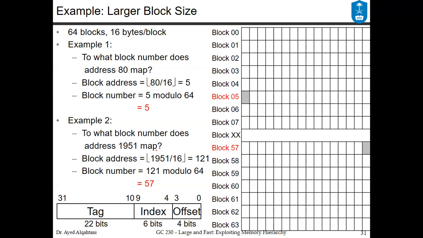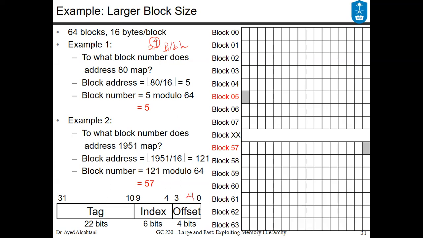It's also a good exercise for you to know how to do the address subdivision for this cache. Now, since we have 16 bytes per block, this means that we have 2 to the power of 4 bytes per block. Notice that we are addressing the block by bytes. So we have 4, and since we have 4, we know that the offset is 4 bits.